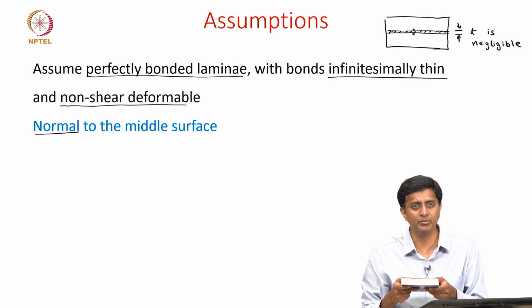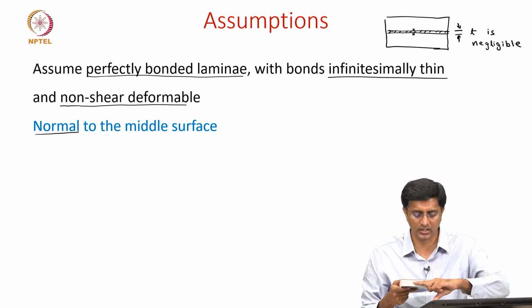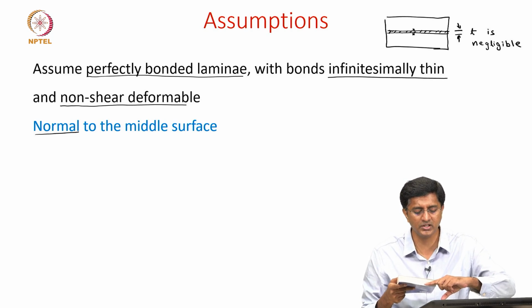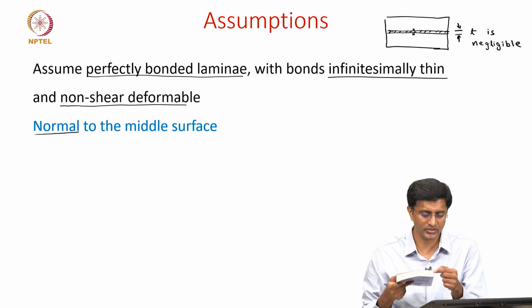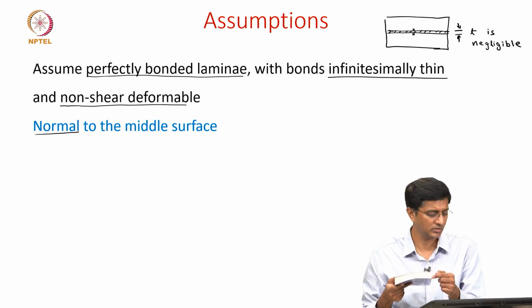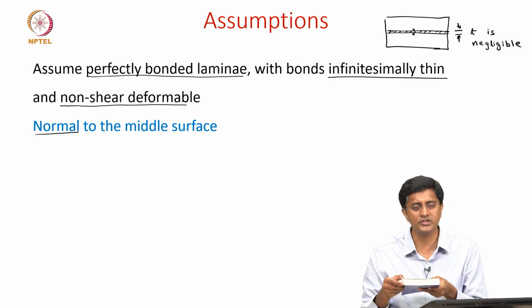Normal is the line perpendicular to the mid surface. Since we said the half thickness is the mid surface here, the perpendicular to that at this point, for example this edge, is one of the lines perpendicular to the mid surface, and this is another normal which is again perpendicular to the mid surface.